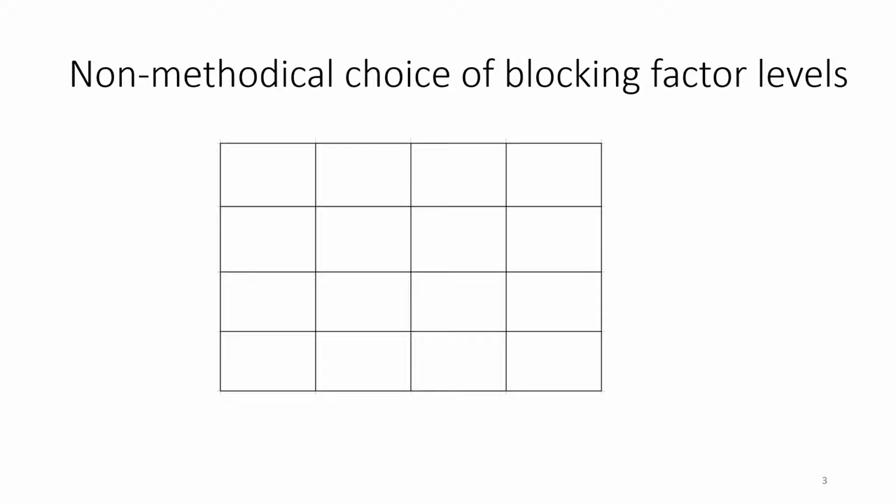Consider the following example. An expanse of land has been divided into 16 small plots to test two types of fertilizer, A and B. To take into account that the yield from adjacent plots is likely to be similar, they decided to introduce 4 blocks of size 2 by 2 each.